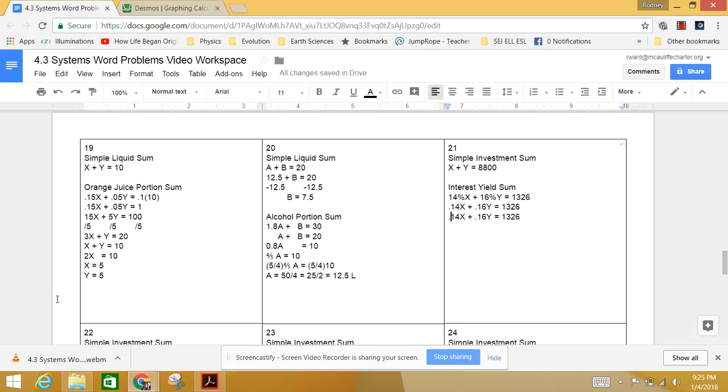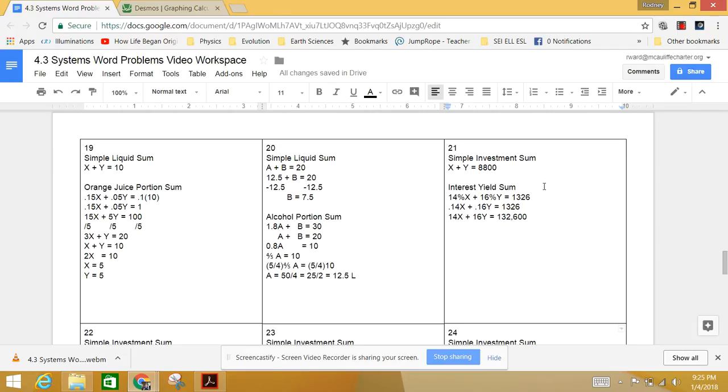So if I multiply that by 100, I get just 14x, and that by 100, I get 16y. And I'm going to end up with an annoyingly large number here, 132,600. But we can work it all out. This is definitely a case where I would tend to use substitution. Okay, so that's your setup.